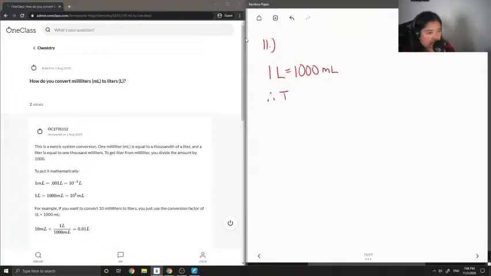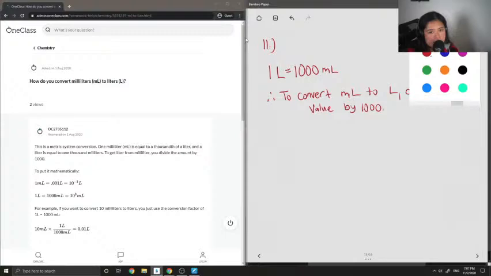So therefore, to convert milliliters to liters, we need to divide your value by 1,000.